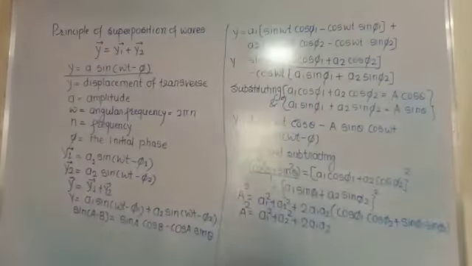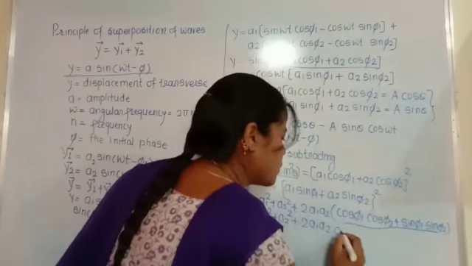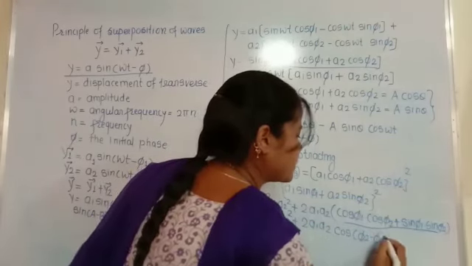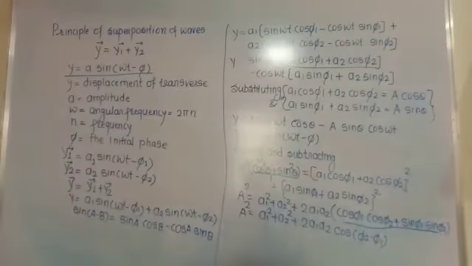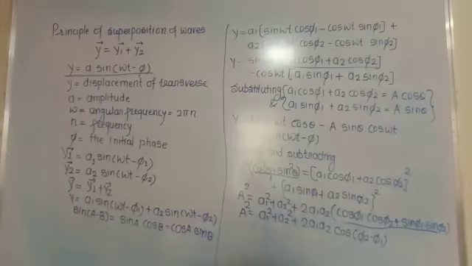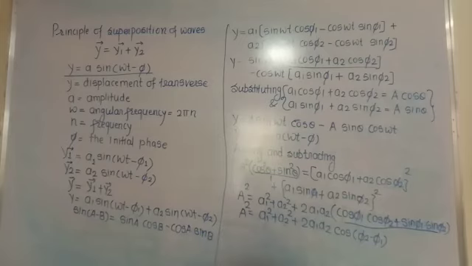So this is nothing but cos of phi2 minus phi1. Here phi2 minus phi1 is nothing but the total phase difference phi.